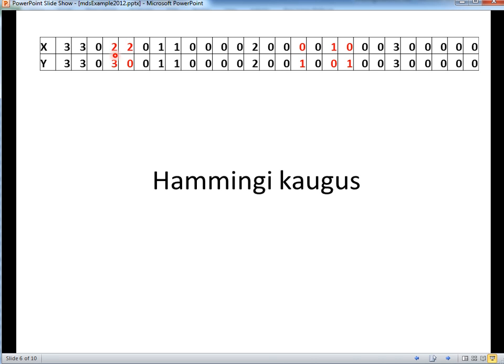So this counts as 1, this counts as 1, this here counts as 1, this counts as 1, this counts as 1. So altogether, these two working operations in an airfield have 5 differences. That is, the Hamming distance between the two is 5.